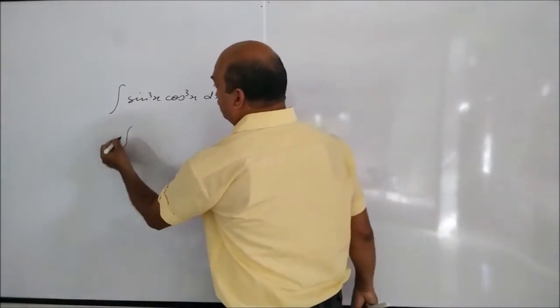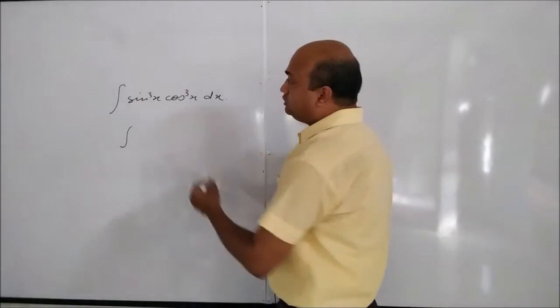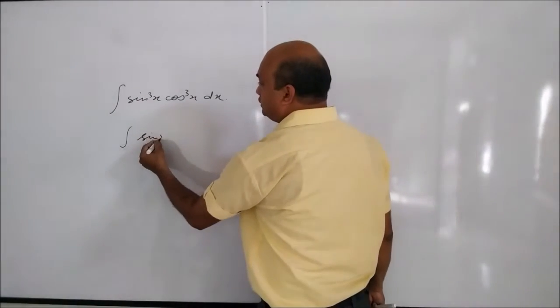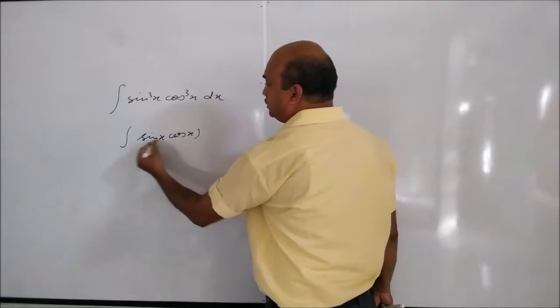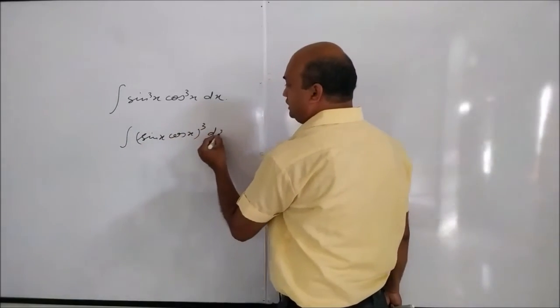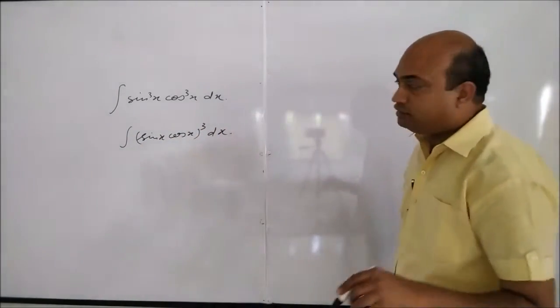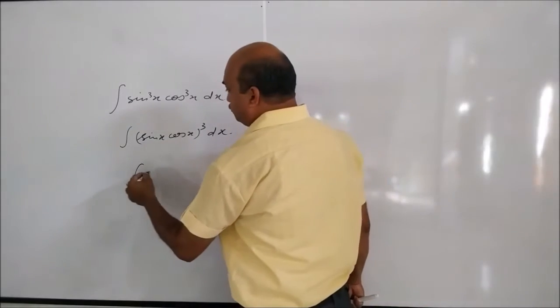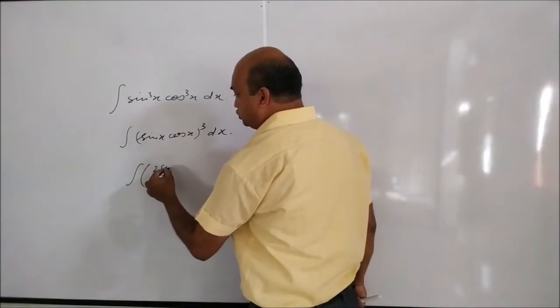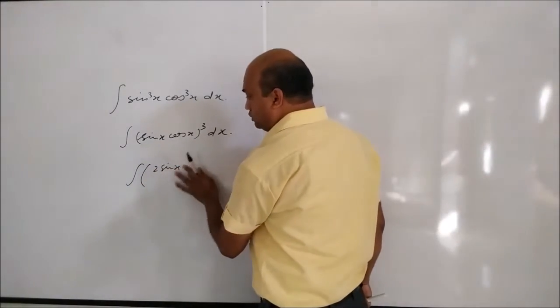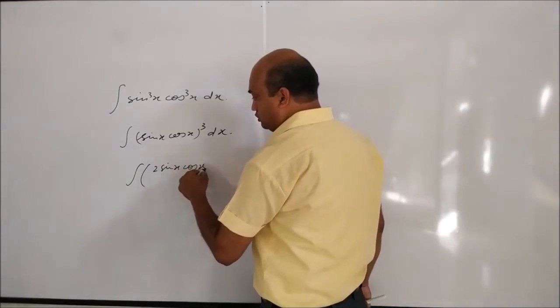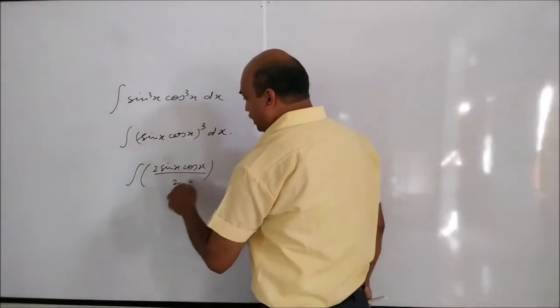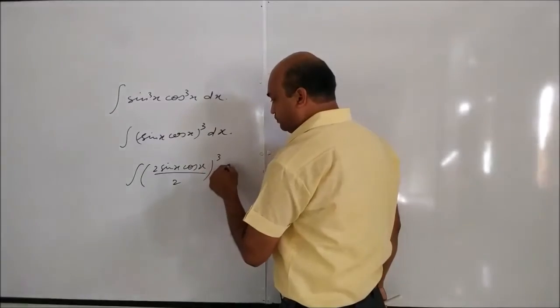You see, multiply and divide by, you can write as sin x into cos x whole cube dx. Power we write only once, and we multiply it by 2 and divide by the same.